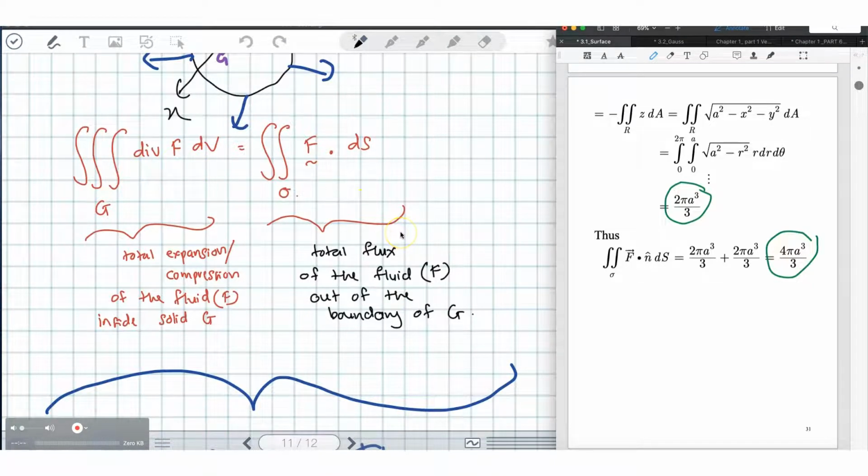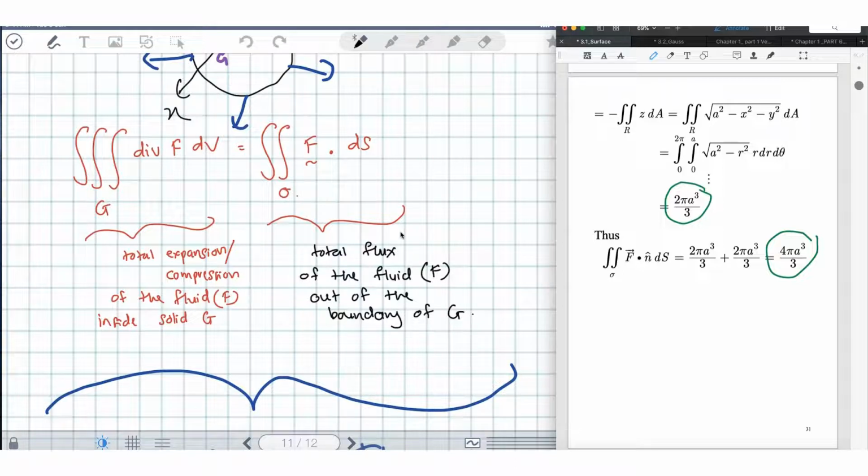Remember, this is only applicable for a closed surface. If you have a closed surface and they ask for the surface integral, then you can use this Gauss theorem. Otherwise, you have to use the previous method.